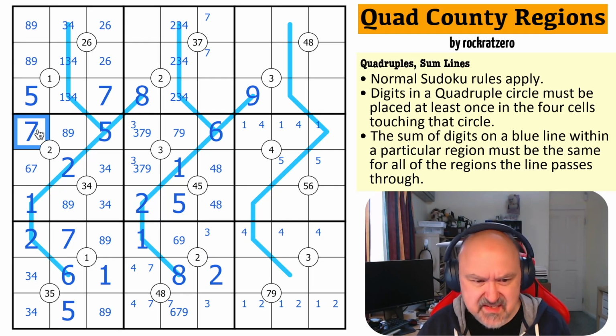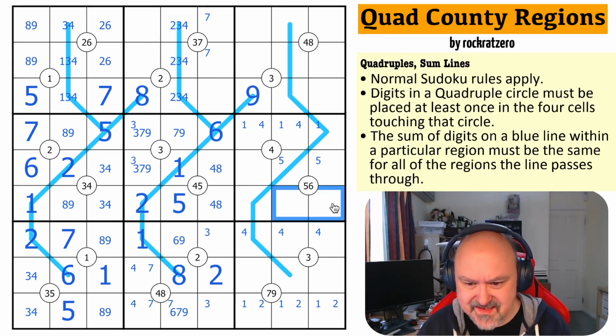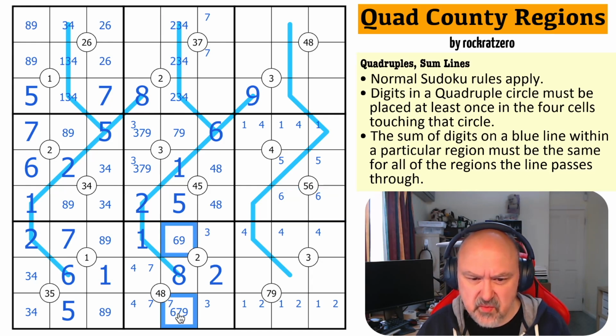The 6 makes that 7, which makes that 6, which means that the 6 is down here, which has not given me a pair at all. Six is in one of those two.